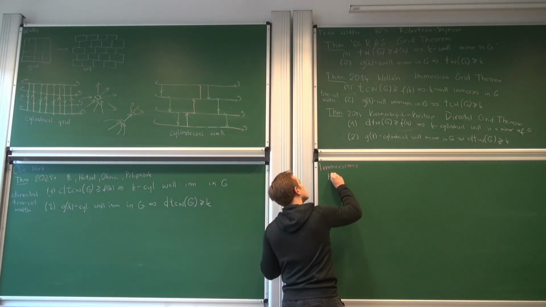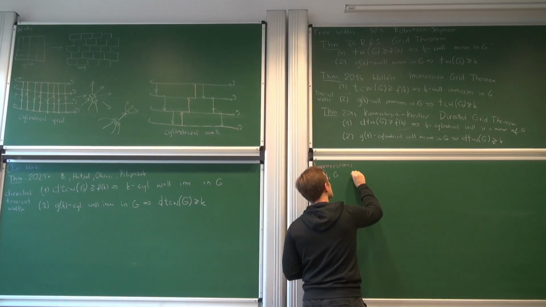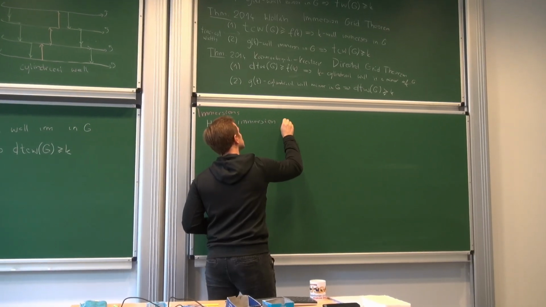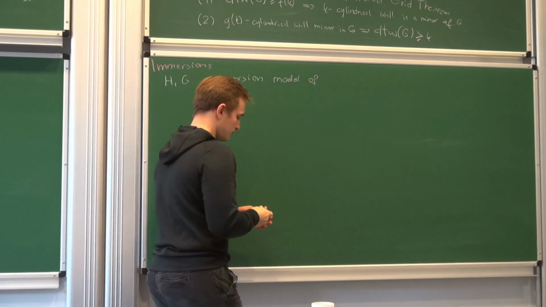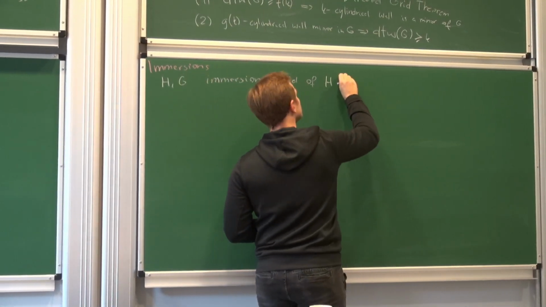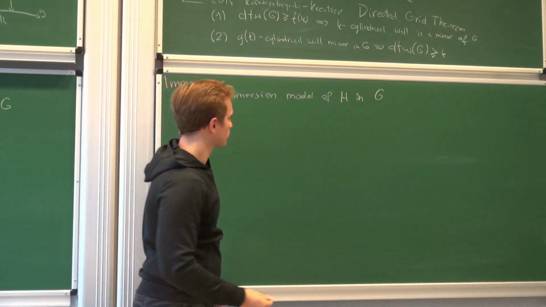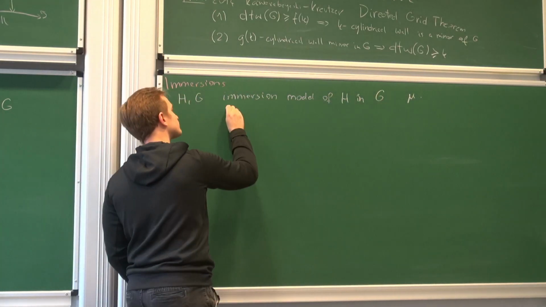So I have 2 graphs, H and G. An immersion model of H in G is a map, let's call it mu, with the following properties.